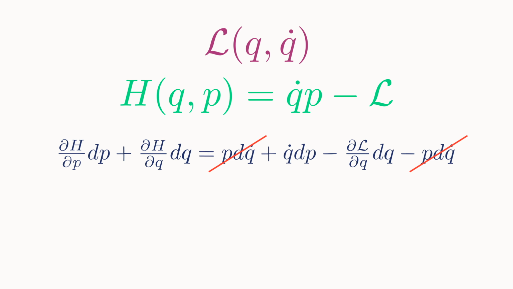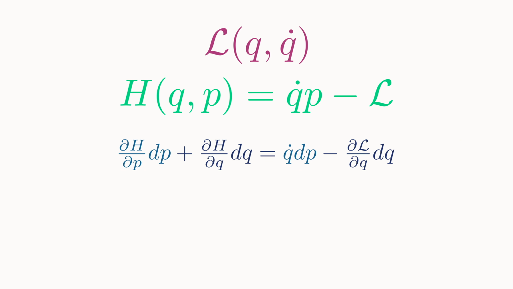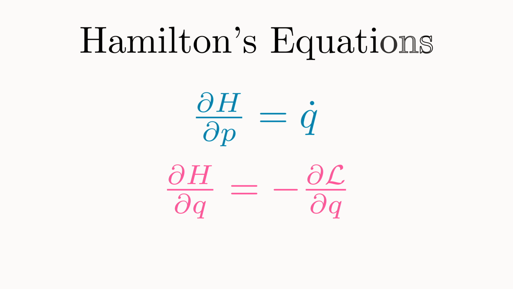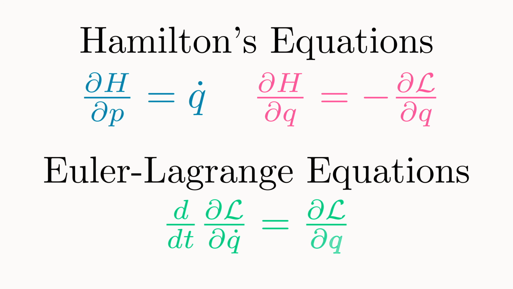Canceling and setting like terms equal to each other, we discover the famous Hamilton's equations. These are the equations of motion for a system described by Hamiltonian mechanics. They contain the exact same information that is contained in the Euler-Lagrange equations, which is how you get the equations of motion in Lagrangian mechanics.